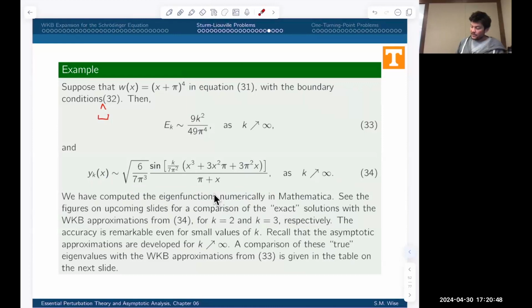I couldn't get my Mathematica code to work in the slides for some reason, but trust me, there's a very simple code for approximating eigenvalues up to any number that you want using Mathematica. It's a very slick little command. So I computed the eigenvalues and the eigenfunctions in Mathematica.